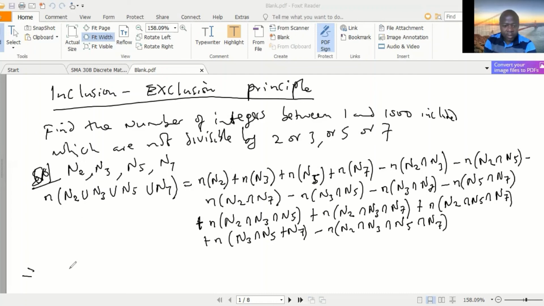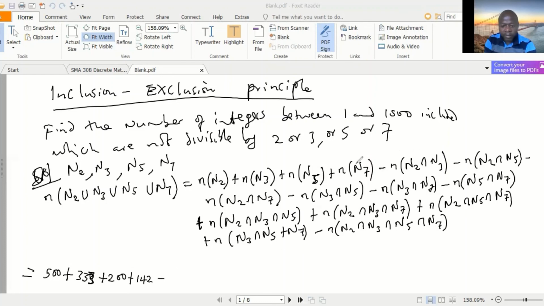So those divisible by 2: 1,000 divided by 2 is 500. Then 1,000 divided by 3 is 333. Then 1,000 divided by 5 is 200. Then 1,000 divided by 7 is 142.